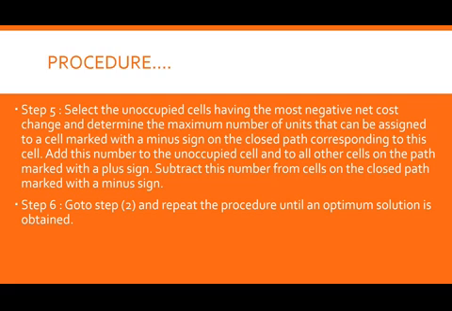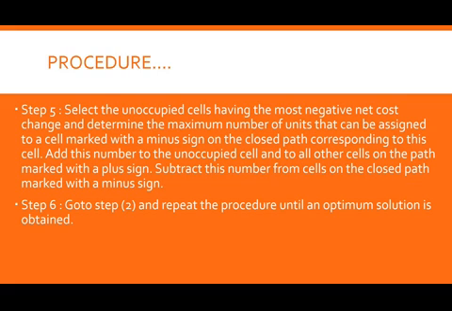Sir, somehow we did not understand this. It is very similar to your MODI method. What we are trying to do is calculate the theta value here. Theta will be the minimum of the allocations at the minus theta locations. That is what we are doing here.